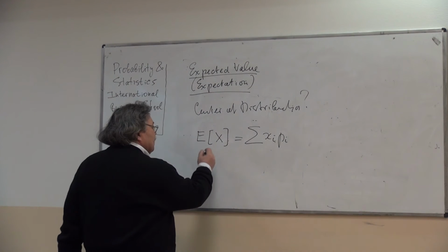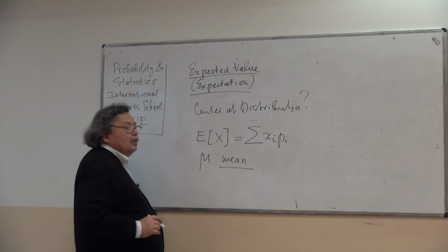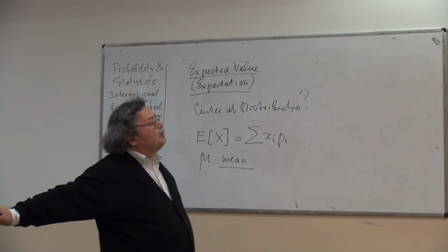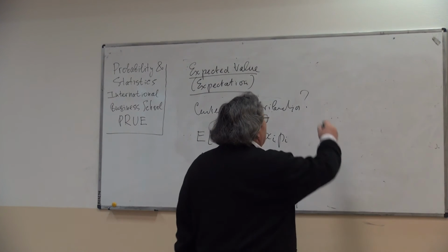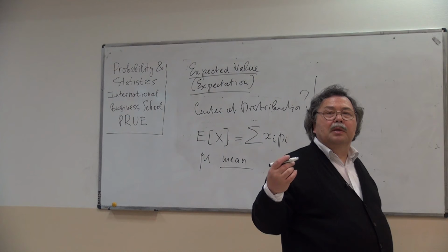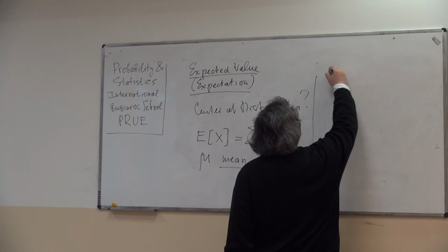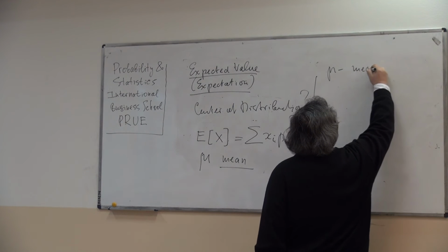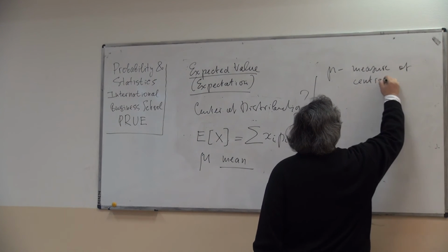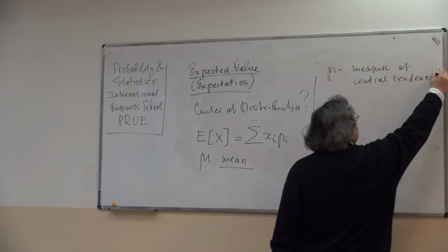And when we use this symbol, we can also use this term, mean, in the sense of expected value. All right, also, this verbal description is often suggested. Expected value is a measure of central tendency or location.